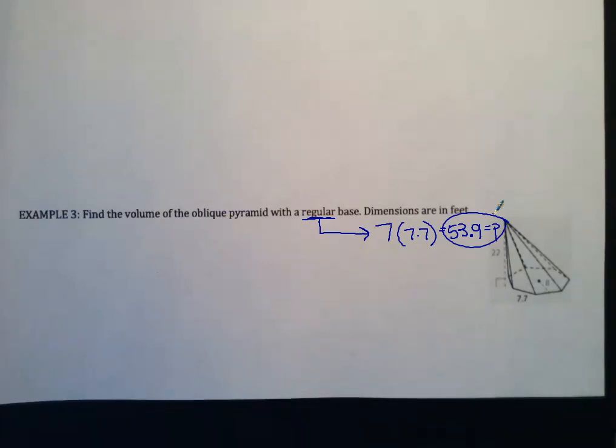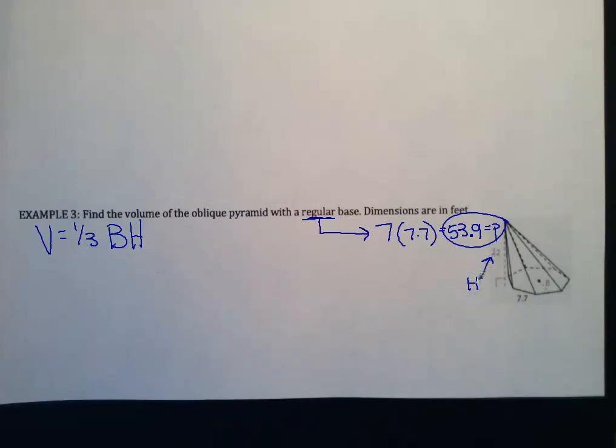One third base. So V equals 1/3 the area of the base times the height. So 22 is our height.